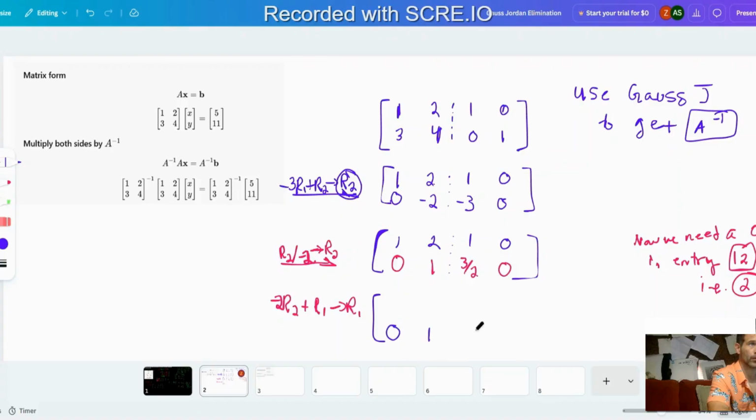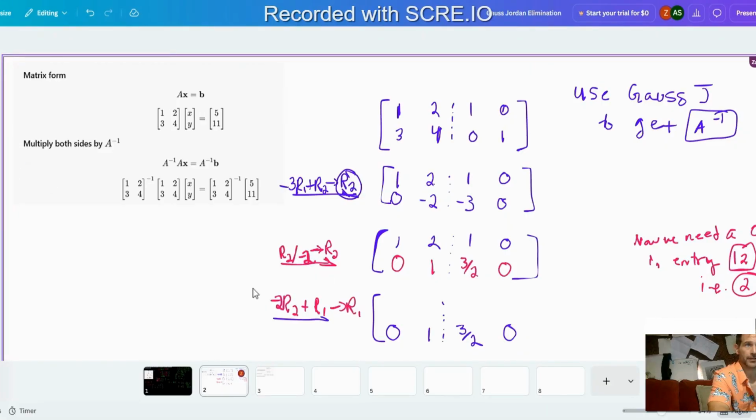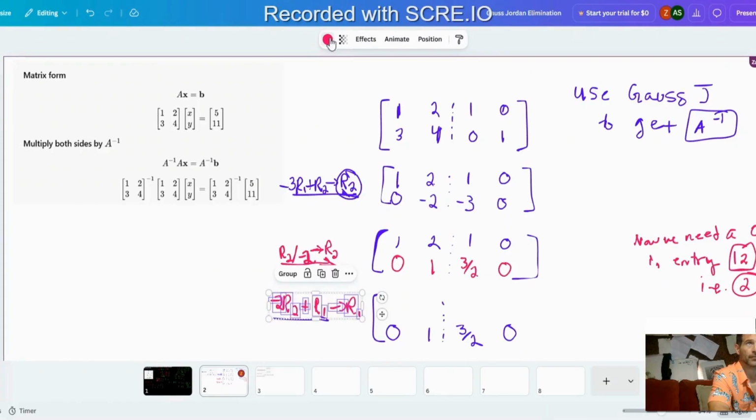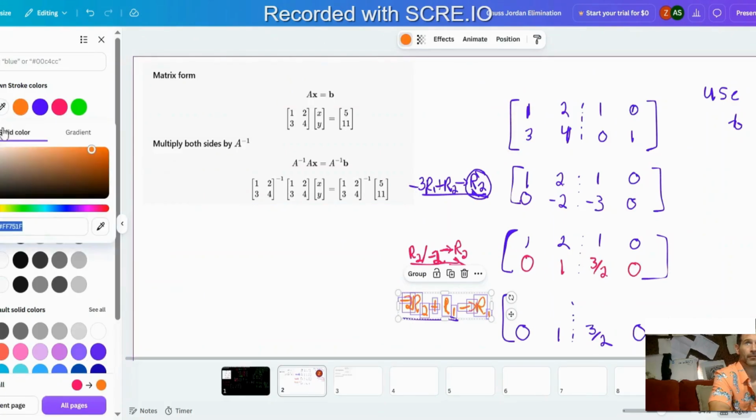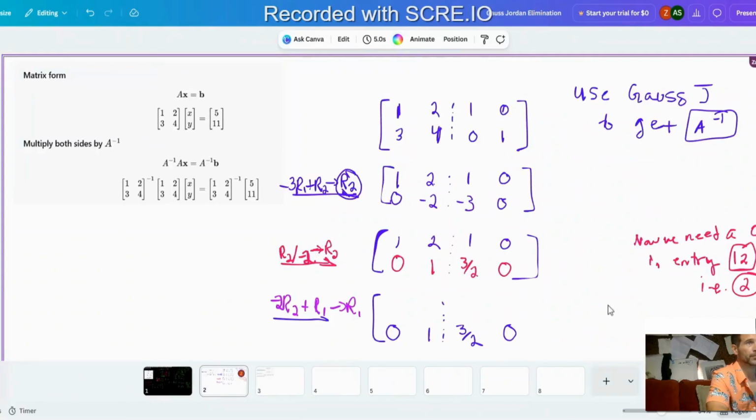So that's 0, 1, 3 halves still, and 0. It's going to go to row 1. I need to change this color. I actually meant to do that. Something different here. It's magenta.